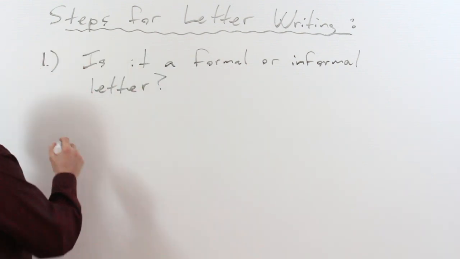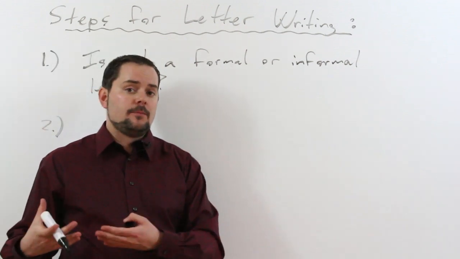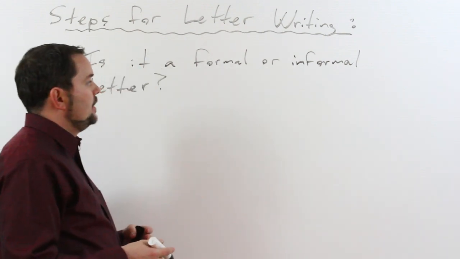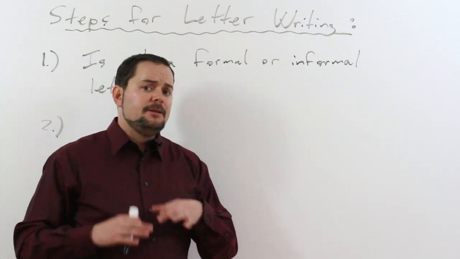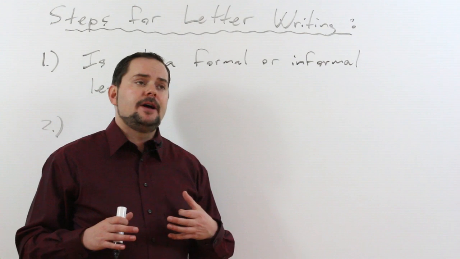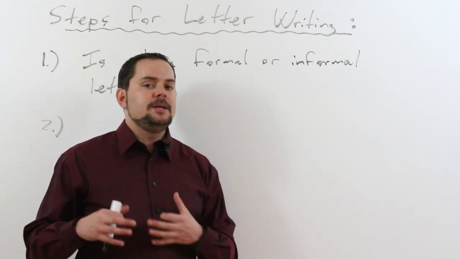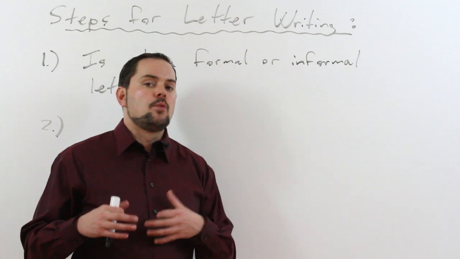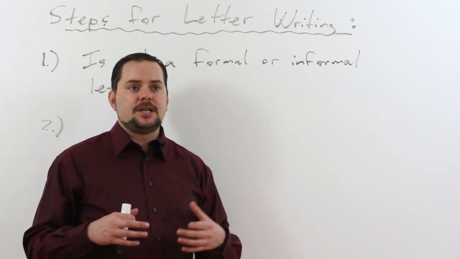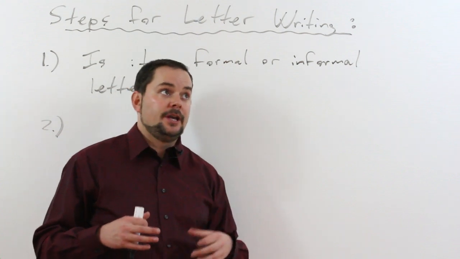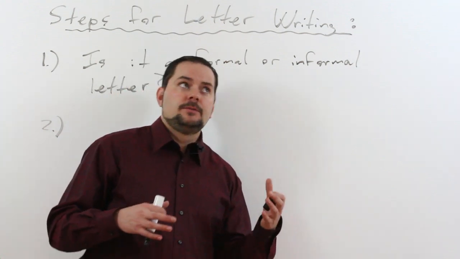Okay. So now that you've decided when you're looking at the question whether it's formal or informal, the next step that you should do is, before you begin writing, have an idea of what you would like to write about. So don't begin just writing words together and hope that they will make sense. So don't just say, "Dear John, currently I'm living in Spain. The weather here is beautiful."